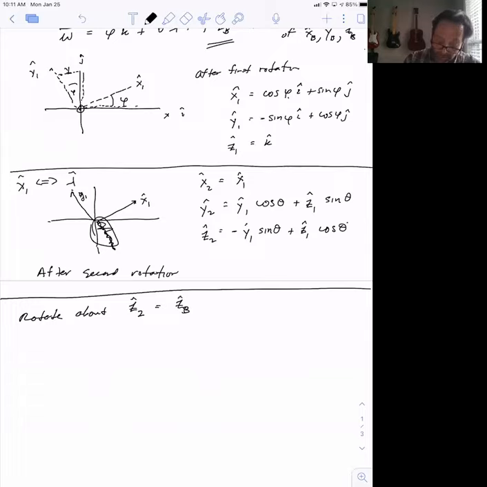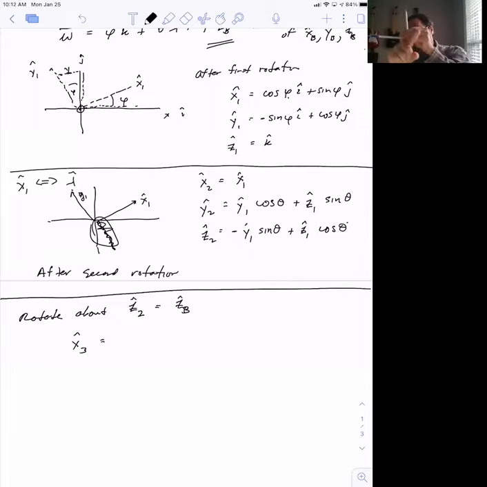So now I have x3 will be equal to, and if you think about what's going to happen here, I've got these guys just rotating around this guy right here. Actually I have it back this way.